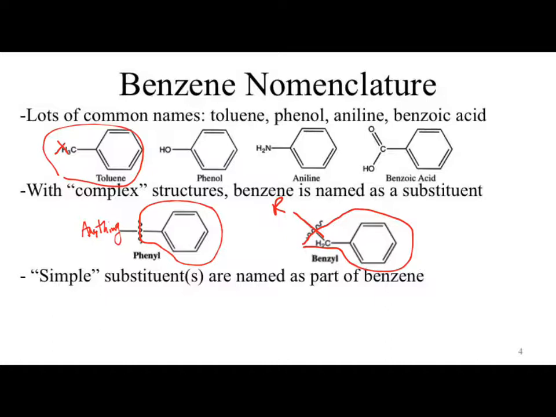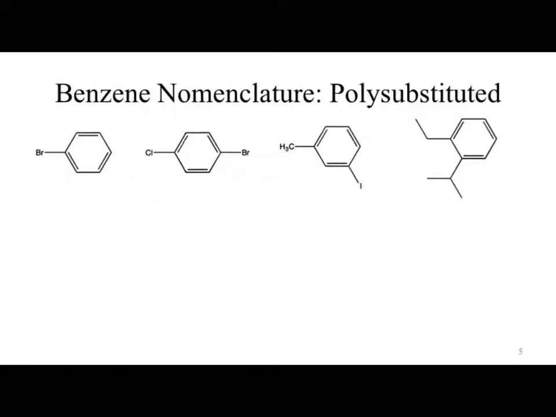The last thing is looking at simple substituents as part of a benzene structure. Okay, and I'm pretty sure I got this on the next slide. So what we could go through and do is start to name some of these. So if we take a look at that first case. Sorry, it stopped recording a whole bunch. We can go through and name these two things.